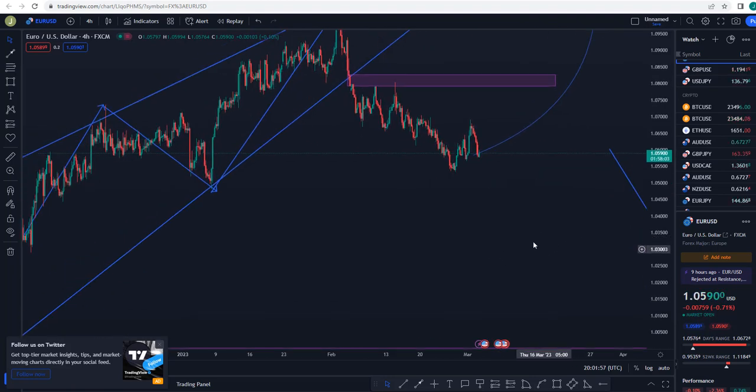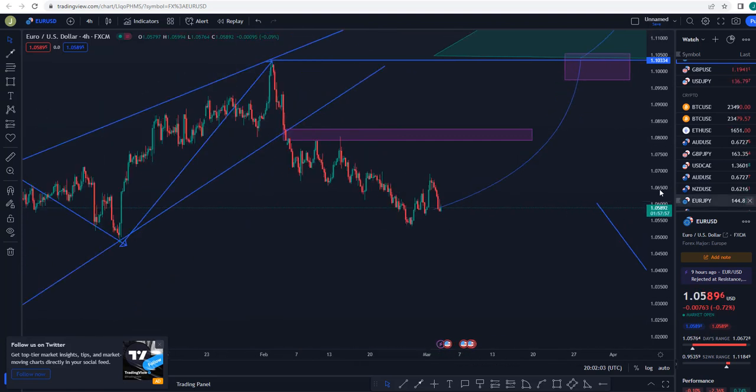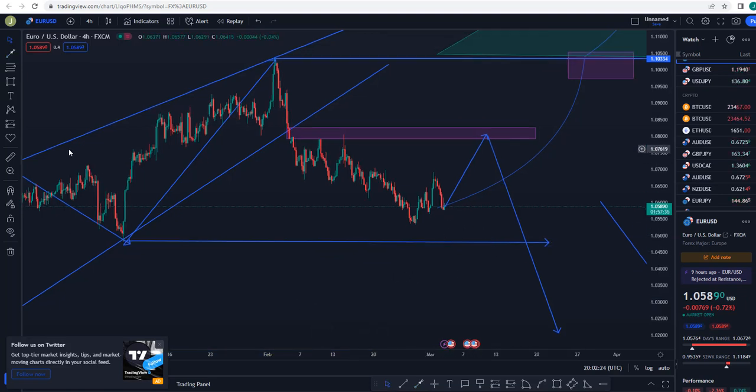So now, if you're looking at it as a trader, if you're a long-term trader, you may want to wait for the price to return to this place, to this level here, before you sell, because the possibility is very high.